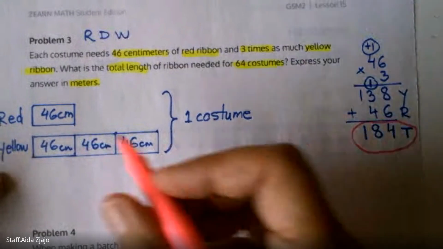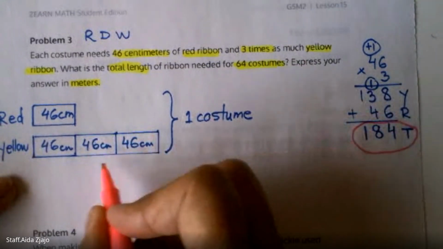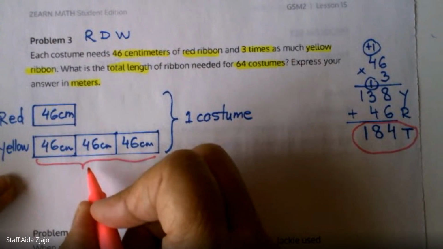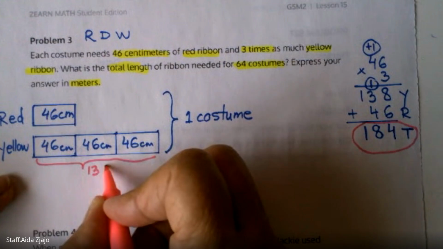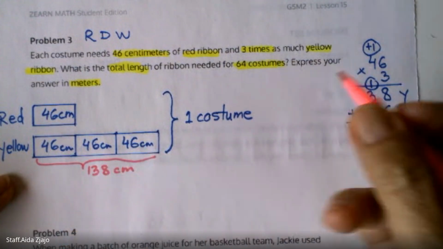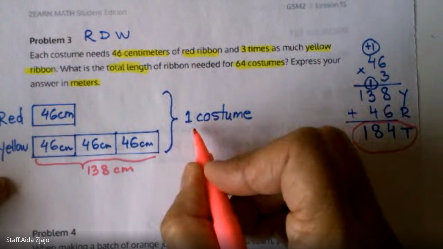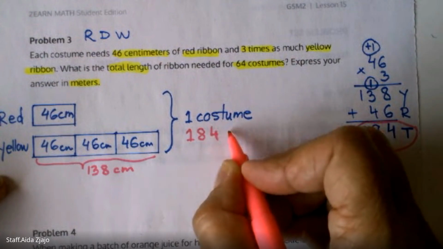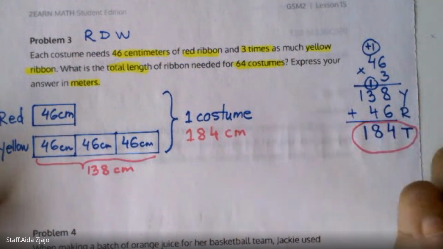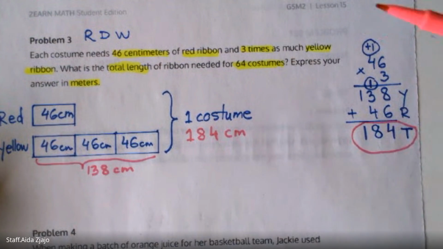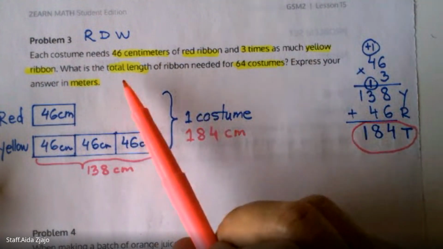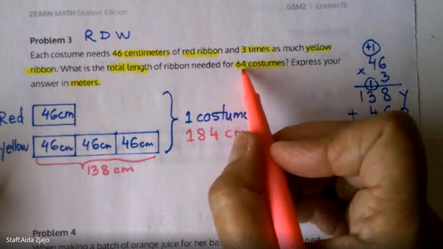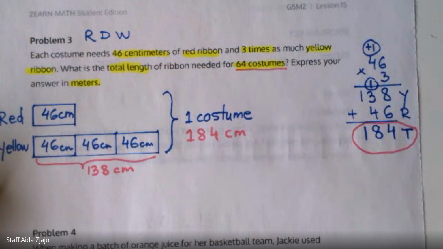So this is 46, and this here is 138 centimeters. Together one costume is 184 centimeters. But the question asks, what is the total length of ribbon needed for 64 costumes?